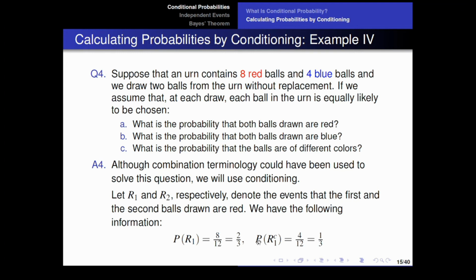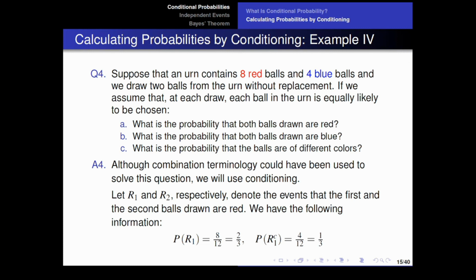And the probability of selecting a blue ball can be represented as the complement event's probability. And my friends, please realize that we should not consume all possible letters when denoting the events. If R1 denotes the event of selecting a red ball in the first try, then R1 complement represents the selection of a blue ball in the first try.